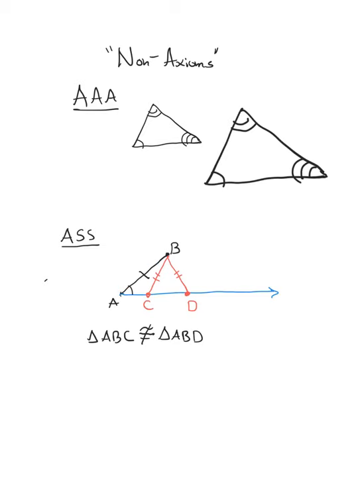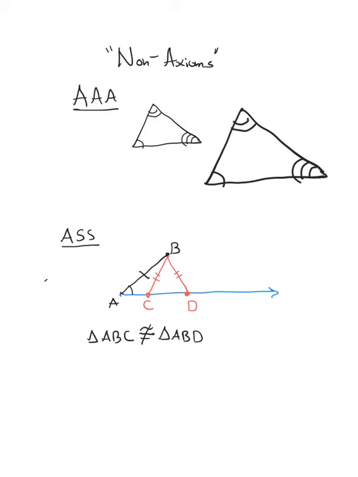But here are two triangles that are obviously different triangles. ABC and ABD are two different triangles. They're obviously not congruent, even though you have two sides that have the same length, so AB, BC, and AB, BD, and this angle here, A, is congruent in both of them.